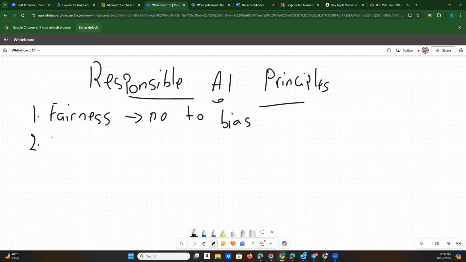Number 2, reliability and safety. Artificial intelligence systems should perform as reliably and as safely as possible. If you have an autonomous vehicle, it shouldn't be crashing people and landing them in the great beyond. Autonomous vehicles should be managed well.